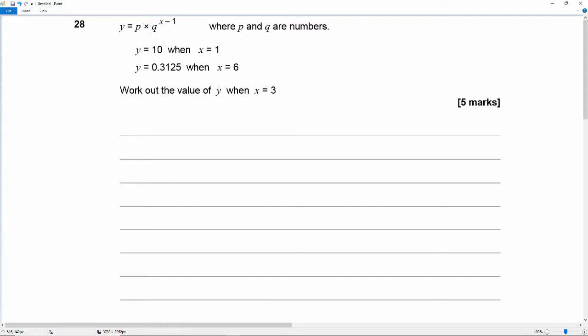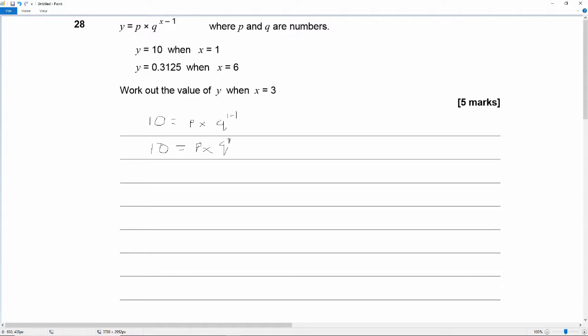Okay. So when y equals 10, x equals 1. So let's shove that in and see what we get. So 10 is equal to p times q to the power 1 minus 1. Well, that's equal to, so 10 is equal to p times q to the power 0.